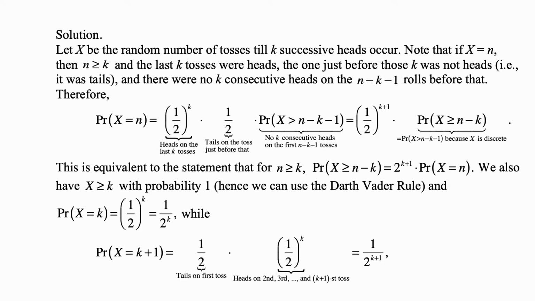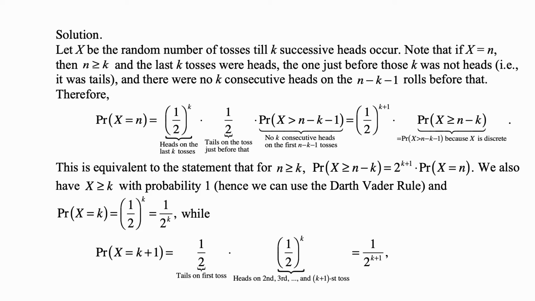Therefore, the probability that X is equal to n is 1/2 to the power k, which is the probability of heads on the last k tosses, times 1/2 for tails on the toss just before that, times the probability that there are no k consecutive heads on the first n minus k minus 1 tosses, which is the probability that X is greater than n minus k minus 1.